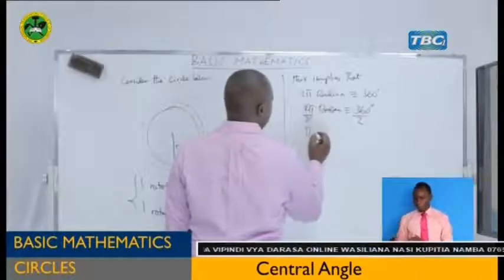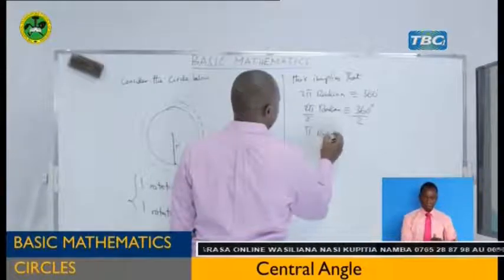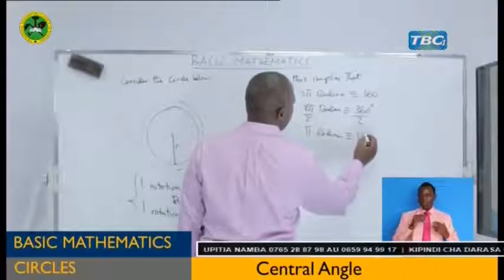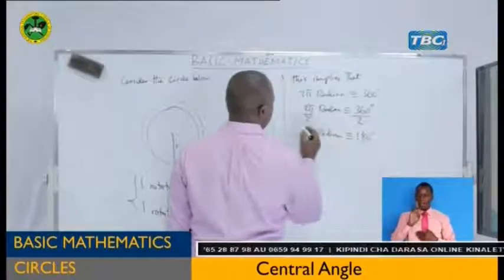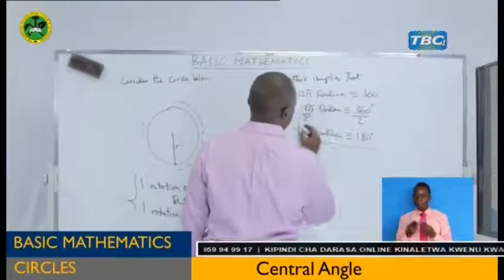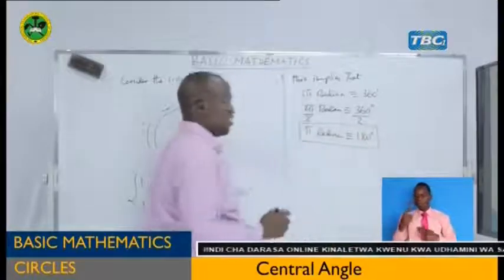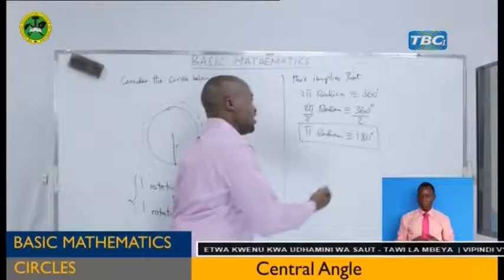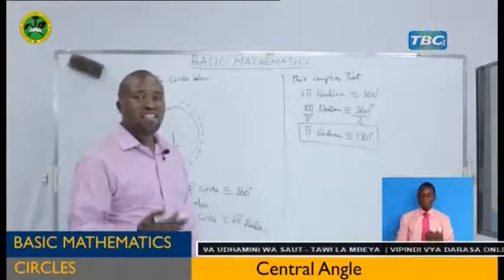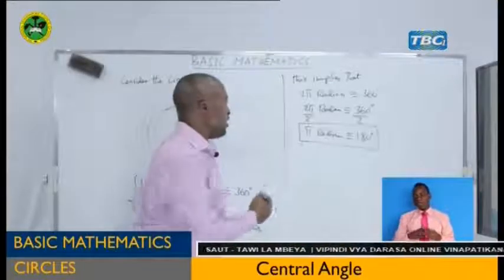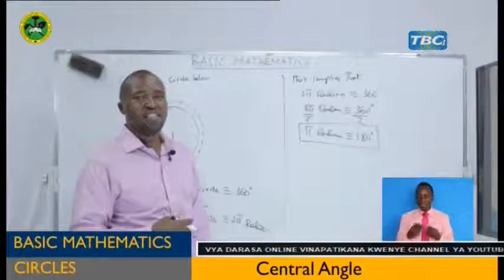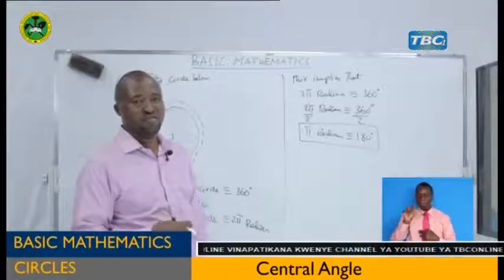We have pi radians, and this is equivalent to 180 degrees. That means in measurement, 180 degrees is equivalent to pi radians. Pi is the same as 22/7.